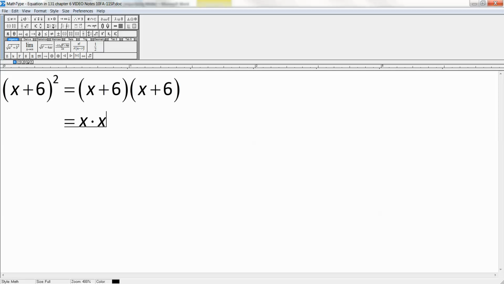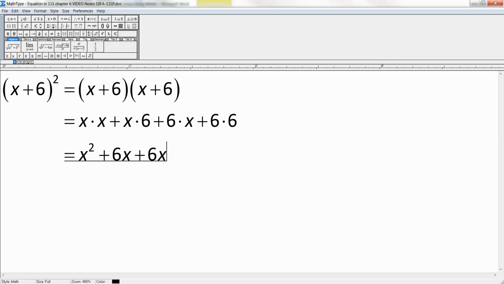X times x plus x times 6. There we go. Plus 6 times x plus 6 times 6. I know I'm writing it all out, which I normally don't do. But that's x squared plus 6x plus 6x plus 36, which means it's x squared plus 12x plus 36.